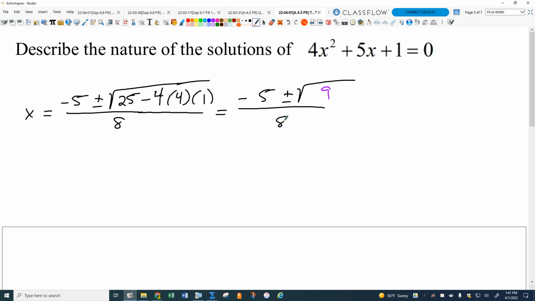What's the square root of 9? 3. So I get back negative 5 plus or minus 3 divided by 8. So if I went further, if I take the plus sign, I get x equals negative 5 plus 3 is negative 2 over 8.